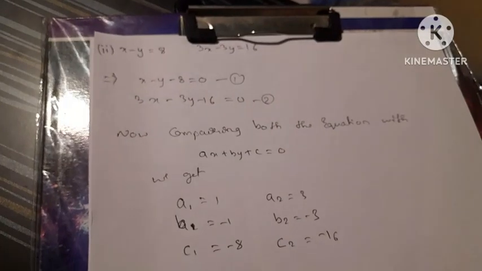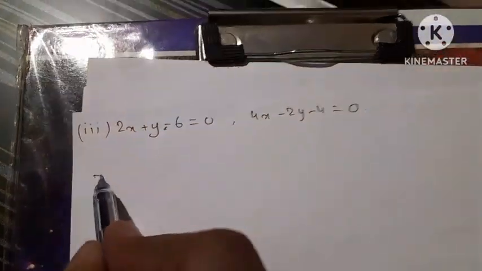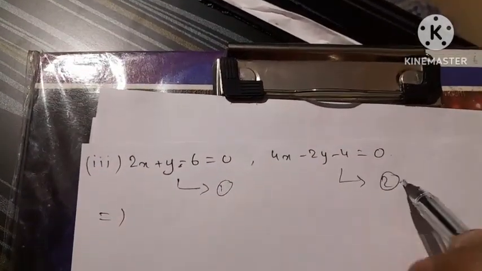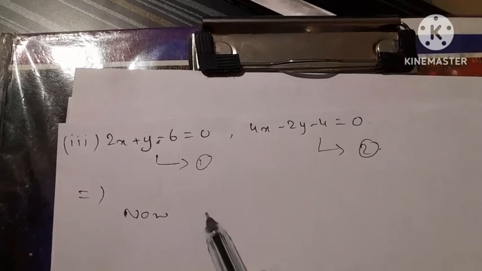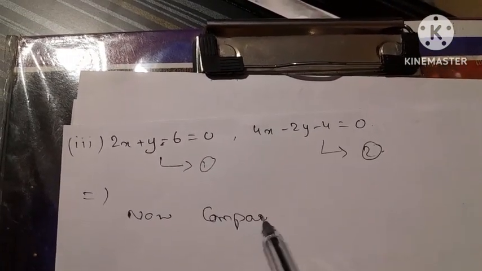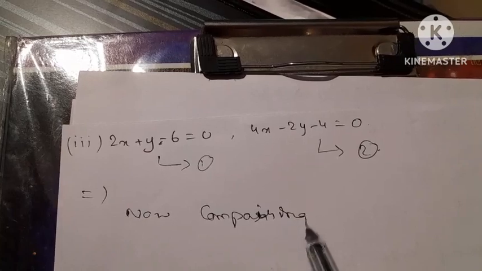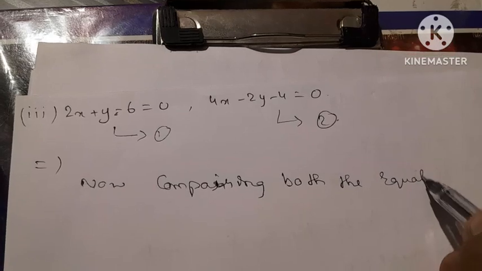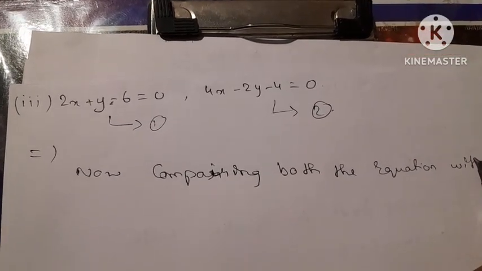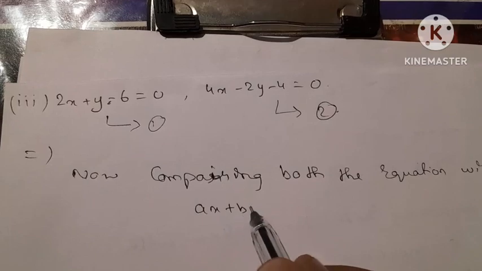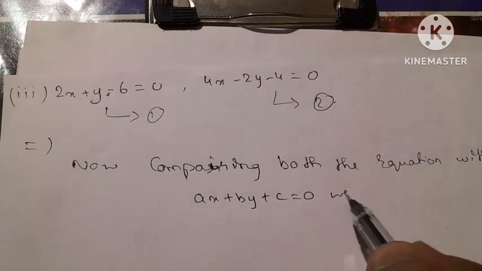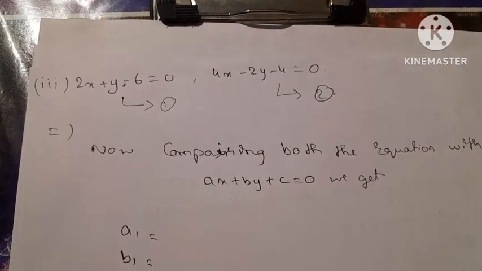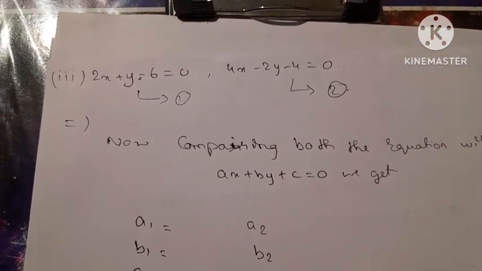Let's move on to question number 3. Now for question number 3, we have two equations. So we will consider equation 1. This is equation 2. Now comparing both the equations with ax plus by plus c equal to 0, we get a1 b1 c1, a2 b2 c2.